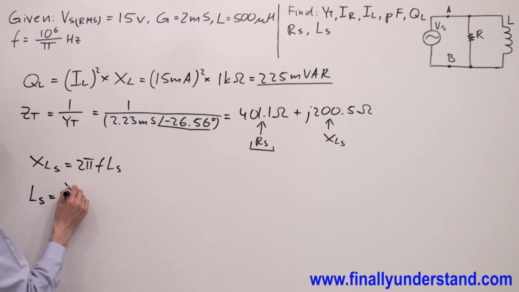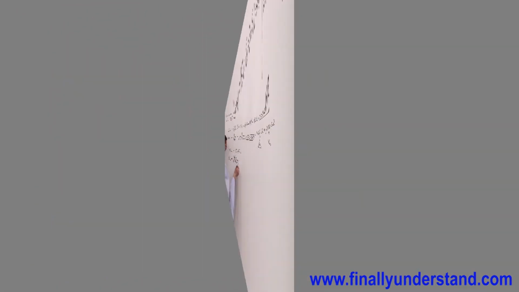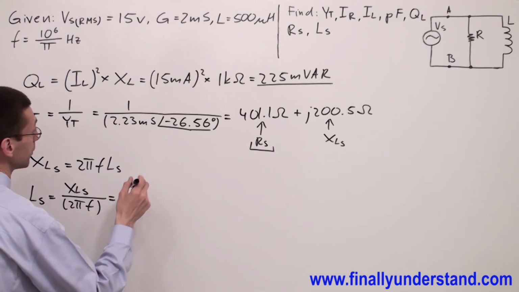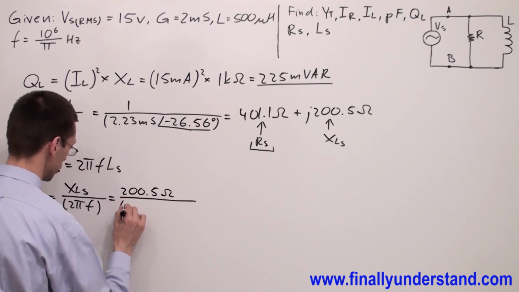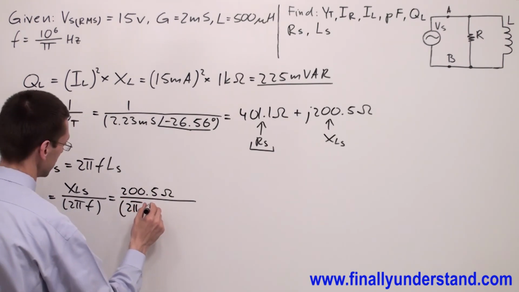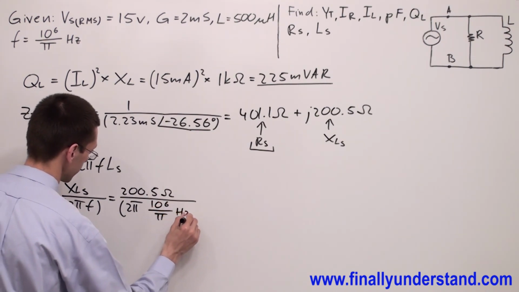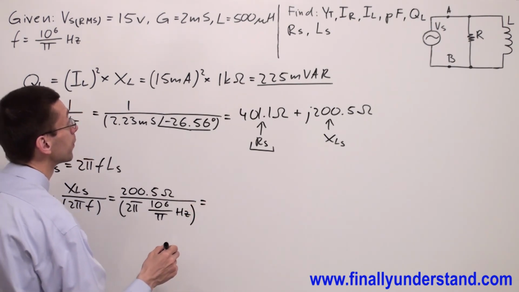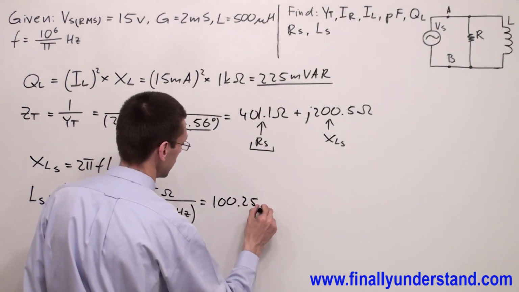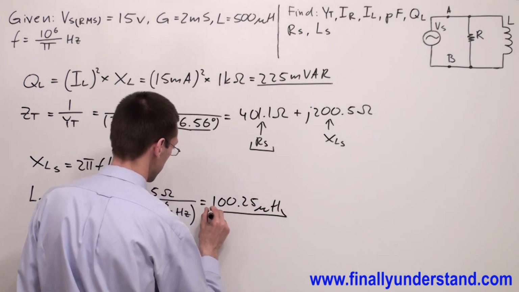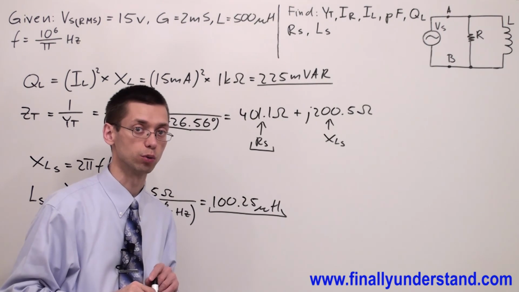So LS is equal to X of LS over 2 pi F. This is equal to 200.5 ohms over 2 pi times 10 to the 6 over pi hertz. This is equal to 100.25 microhenries.